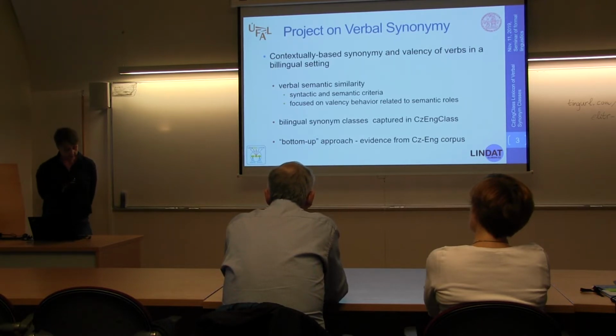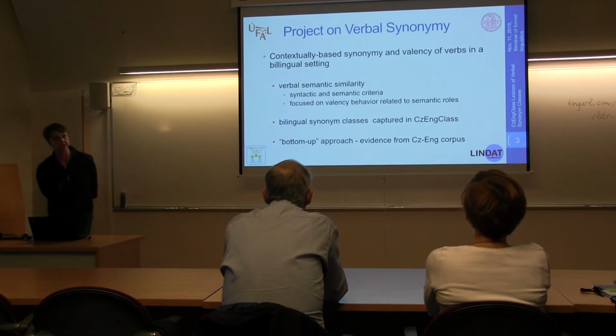So we are trying to find how the translational equivalents are related to each other. In particular, we are focusing on their valency, and we are trying to relate this valency behavior to semantic roles.